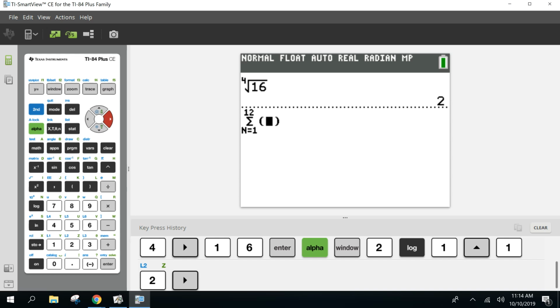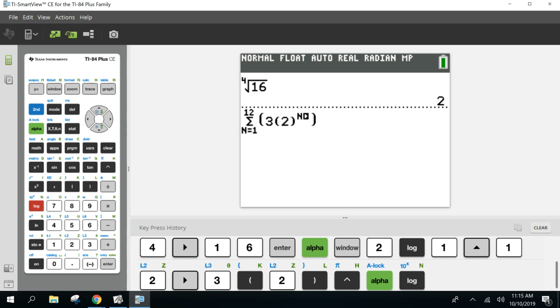So I have 3, and I have to get another set of parentheses because I can't work outside it. 3 times 2 to the n minus 1. So close it, raised to the n minus 1.